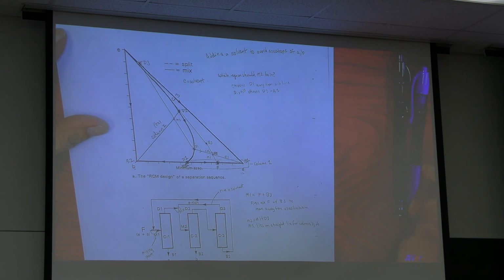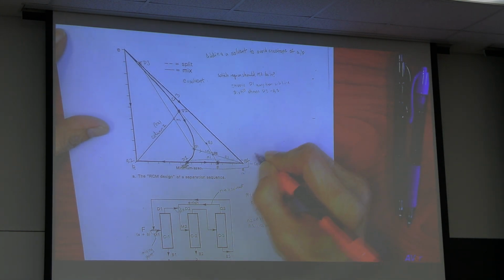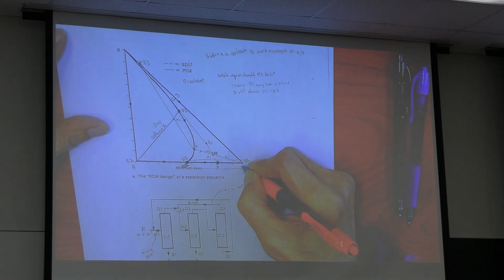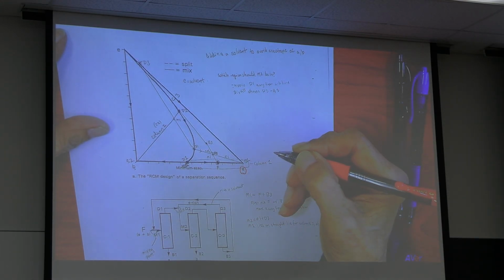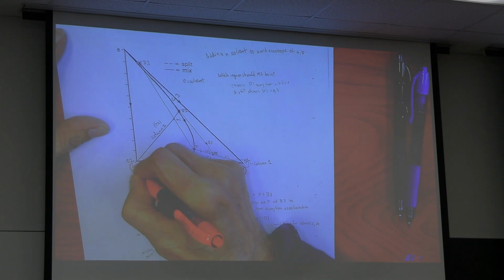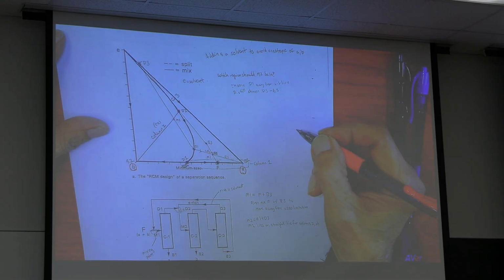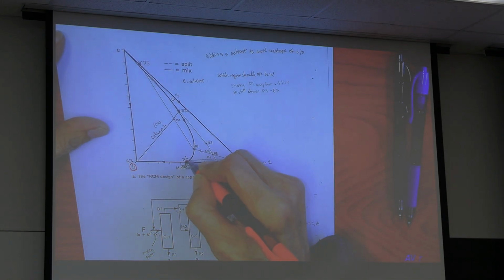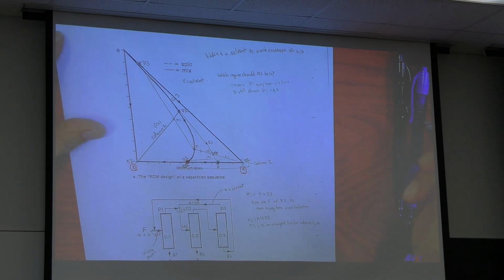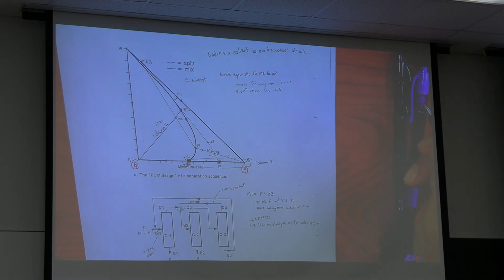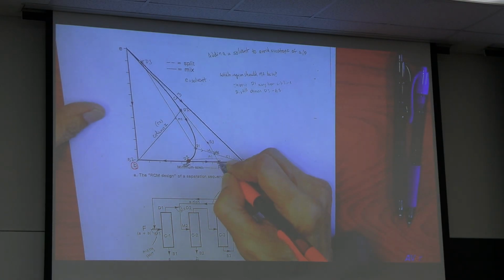What is the problem with this? You have a component A, B, both are desired products, and they form a binary azeotrope. Your boss gives you a feed right here.